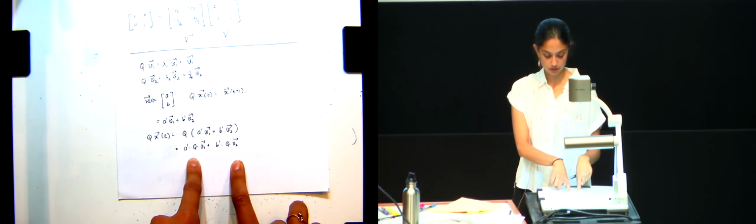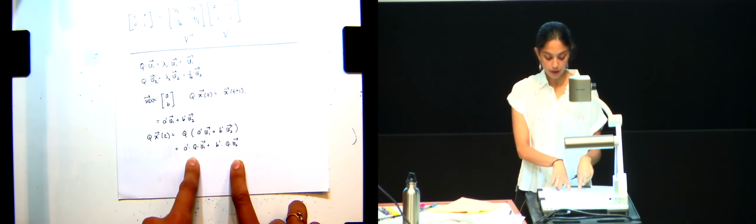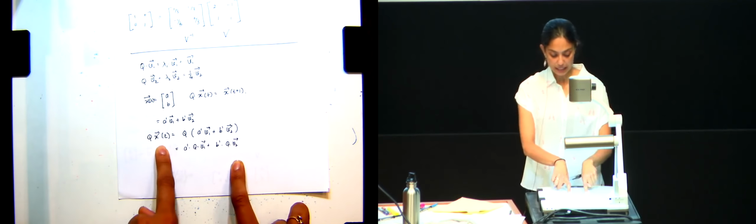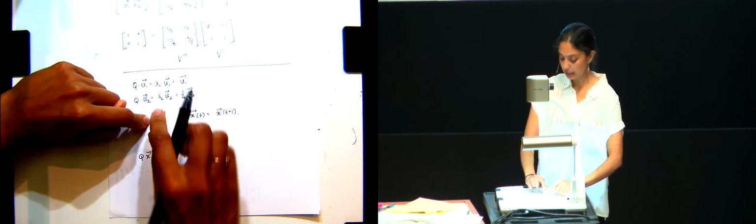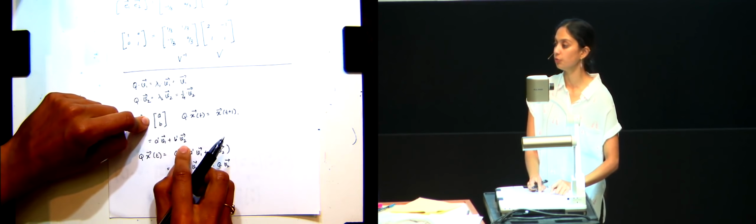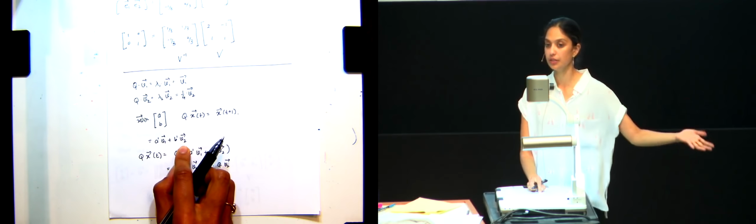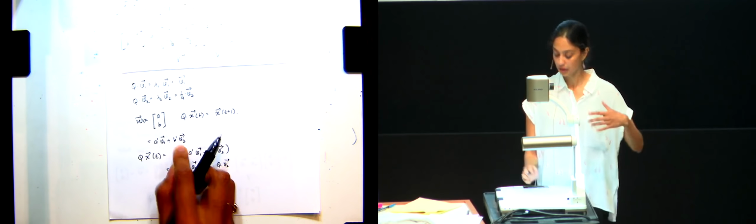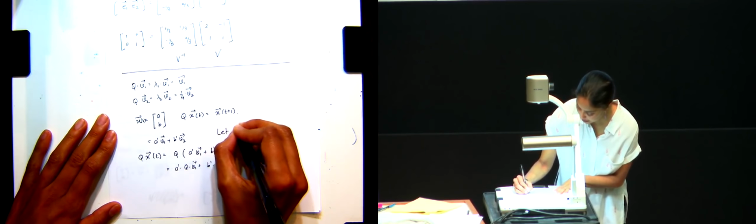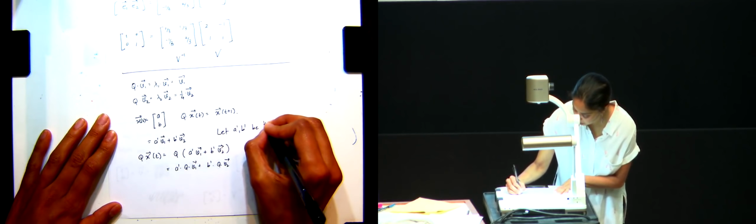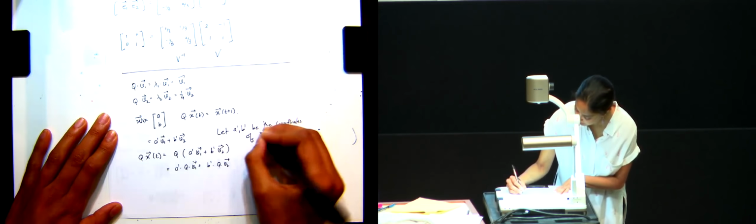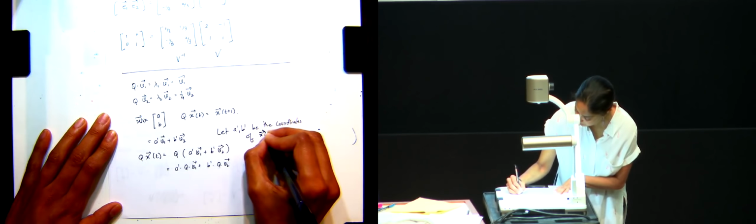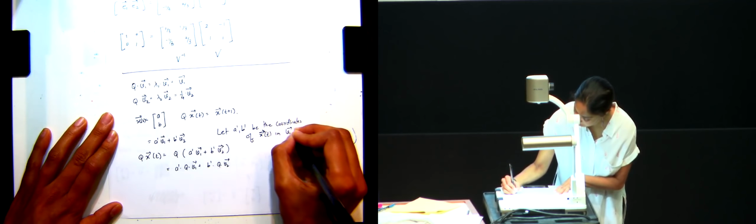Yes, question? I'm saying that I can represent x of t in the basis v1, v2. Let's represent it in this basis. So let a prime, b prime be the coordinates of x of t in basis v1, v2.